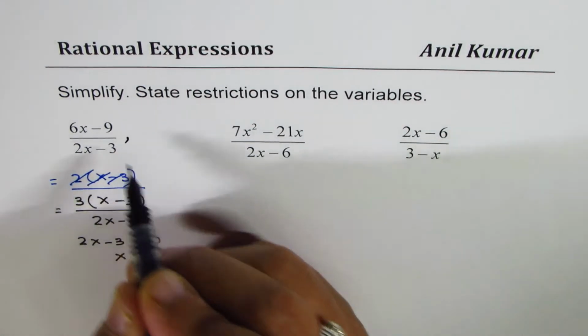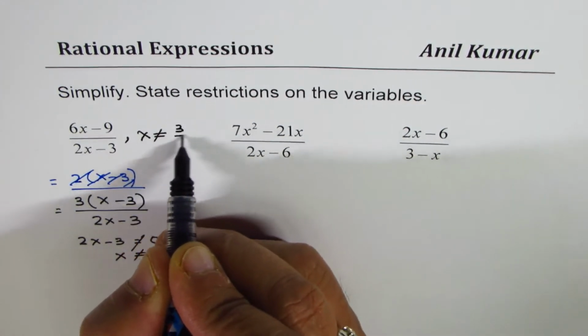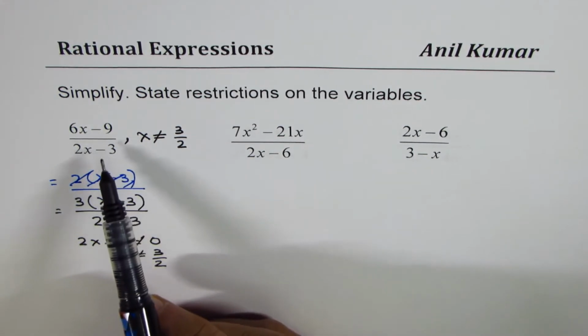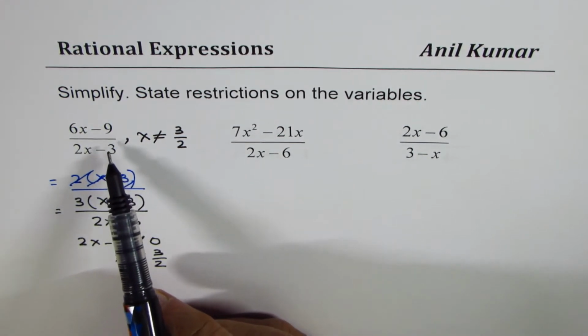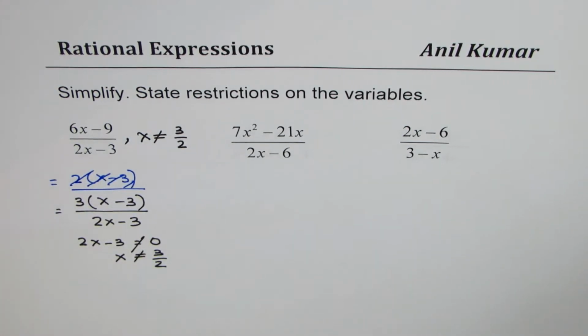So we can write here that the restriction is x is not equal to 3 over 2, correct? However, the simplified version is the expression itself. It cannot be further simplified. So there could be rational expressions which may be given in the most simplified form, as in this particular example. Okay, so let's move on to the next.